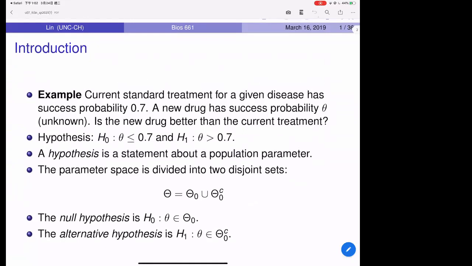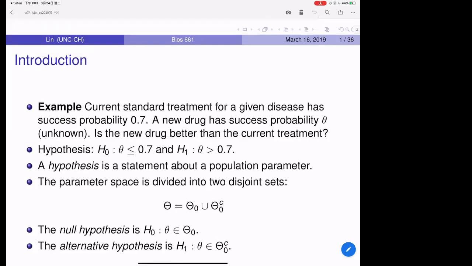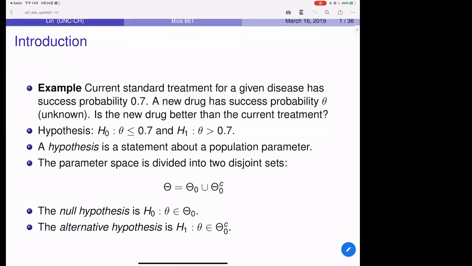So our class is about how we write this more formally. We know the idea, but how do we write things mathematically when you do testing?